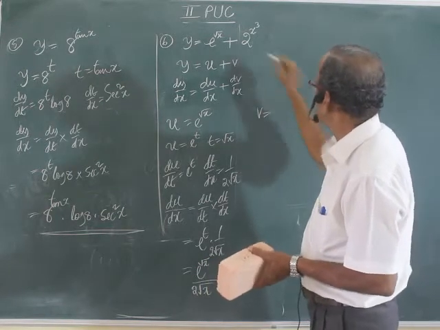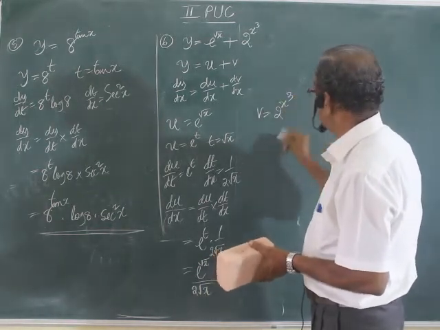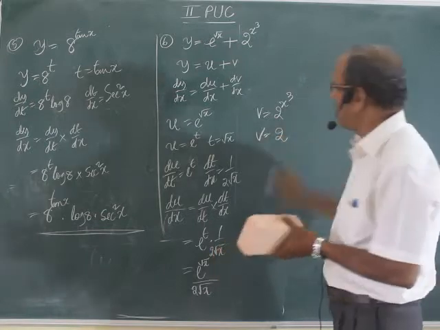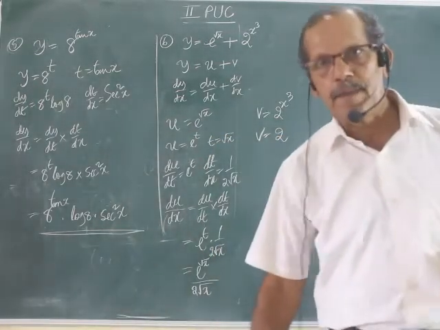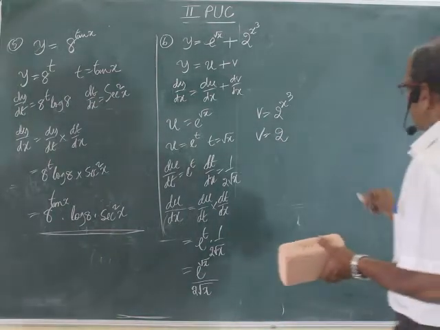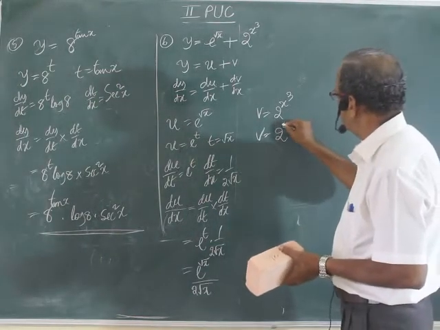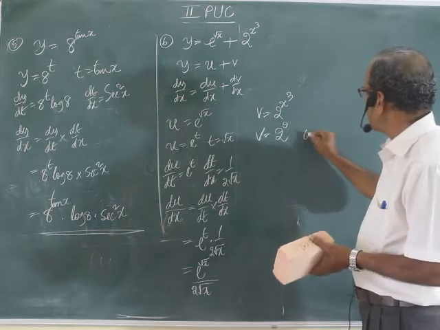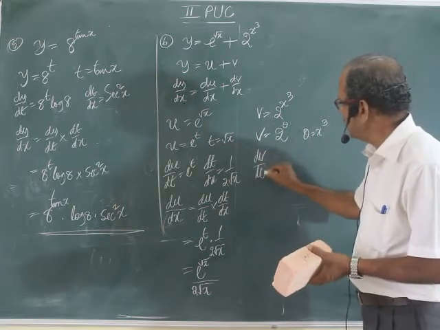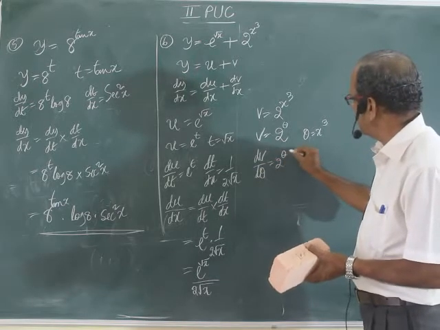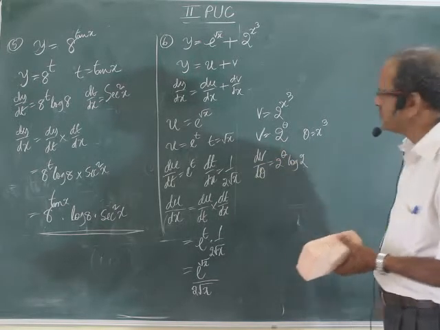Second one is I have taken v, no? V equal to 2 to the power x cube. Don't write t because we have taken t in the same problem. Let me take some other thing, theta, whatever may be. Theta equal to x cube. dv by d theta is 2 to the power theta into log 2.